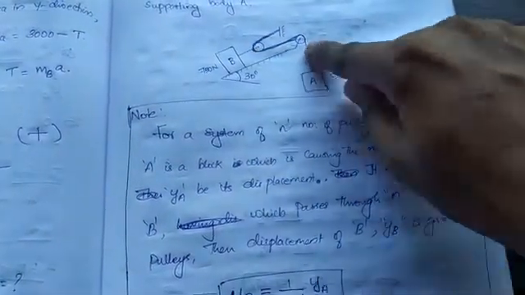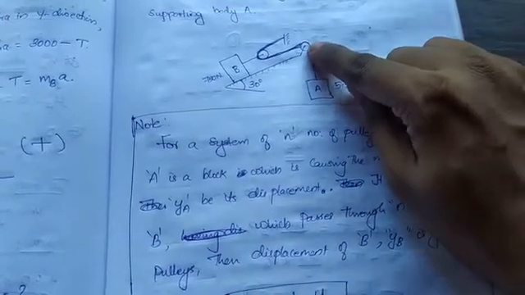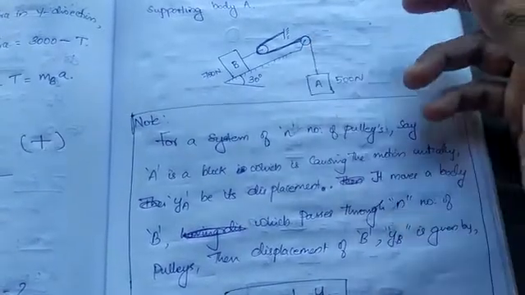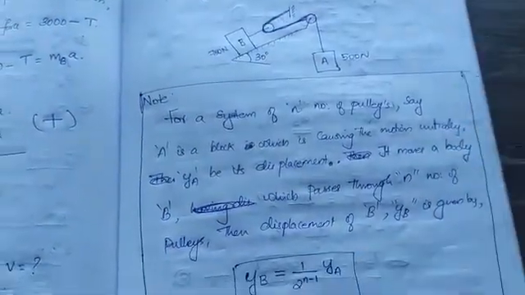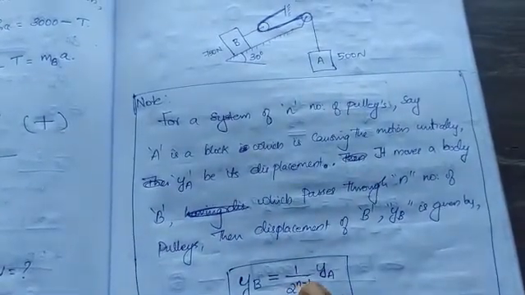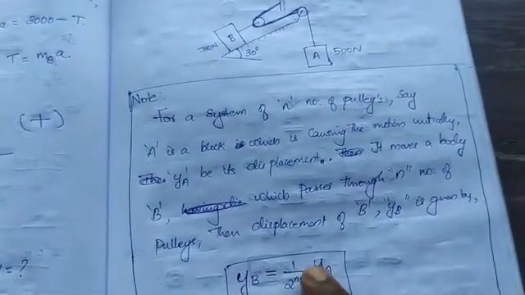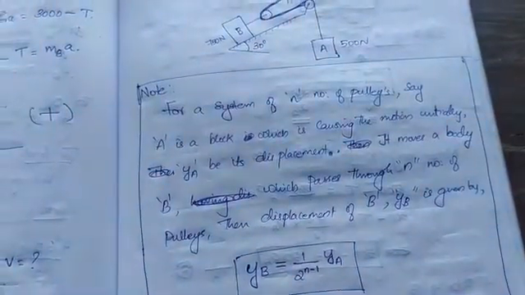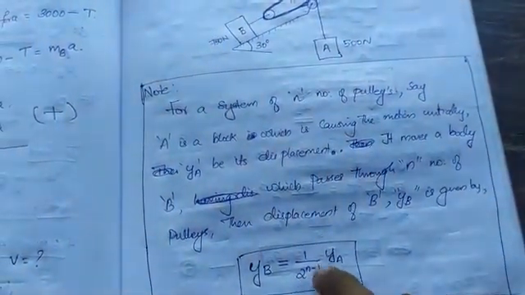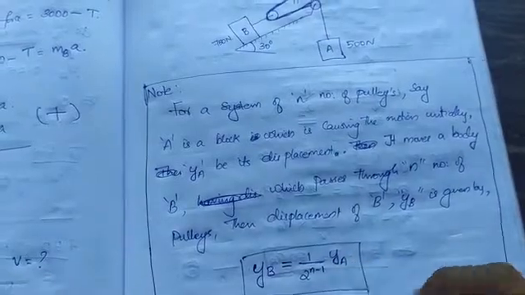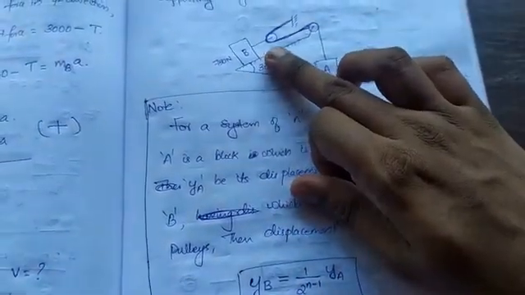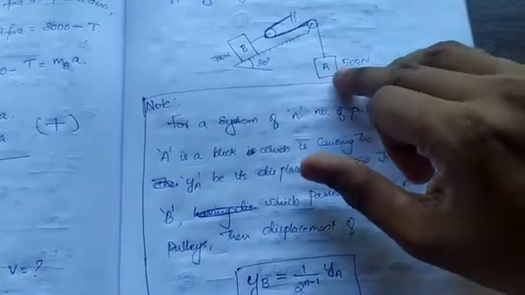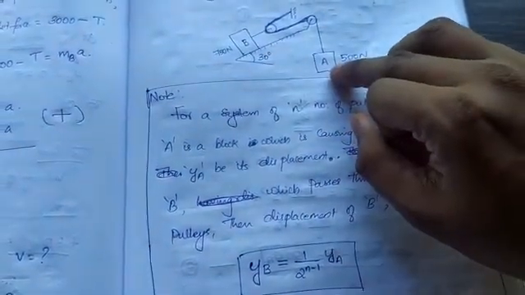First, if there is only one pulley, YA will be equal to YB, as we have done in other problems. That means 1 by 2 raised to 1 minus 1 is 1 by 2 raised to 0, which is 1. So YB equals YA. But here we have 2 pulleys, 2 minus 1, so 1 by 2 into YA. So YB will displace half that of YA.